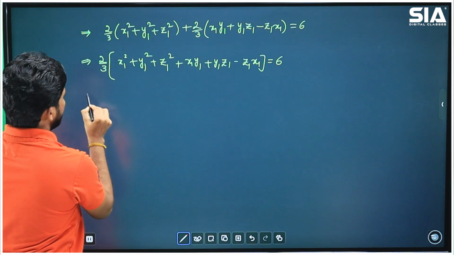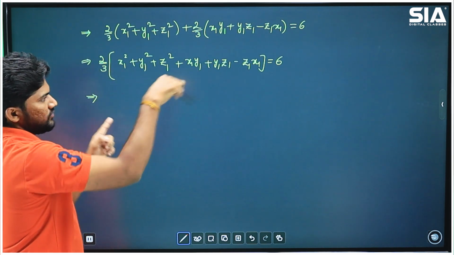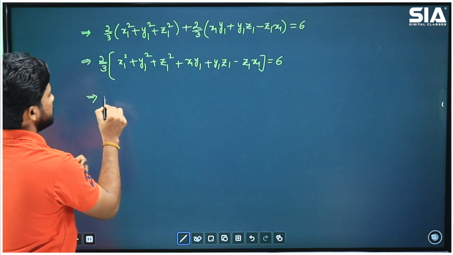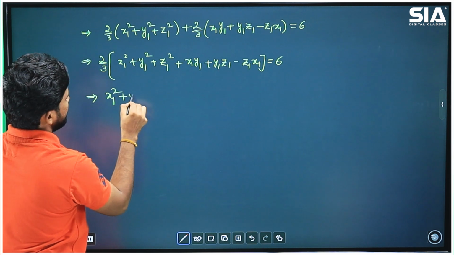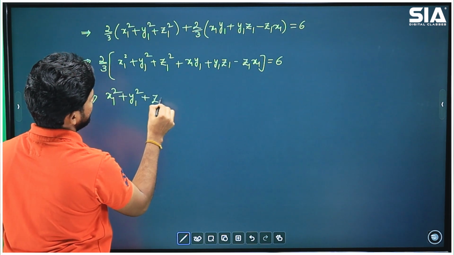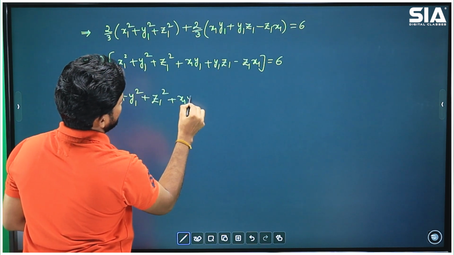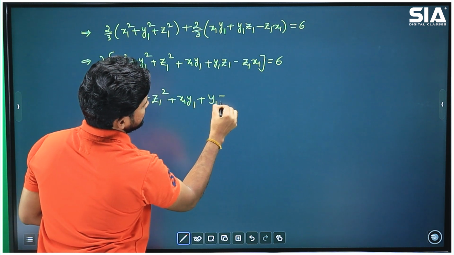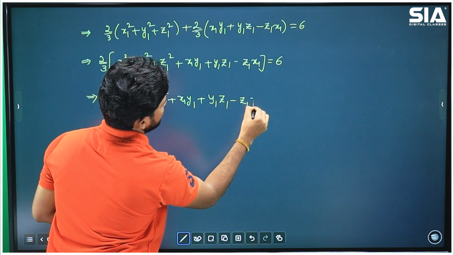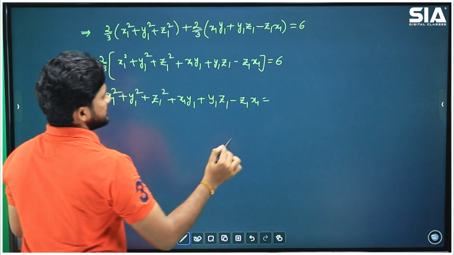Send this 2 by 3 to RHS, and it will become 3 by 2. So x1 squared plus y1 squared plus z1 squared plus x1 y1 plus y1 z1 minus z1 x1 is equal to 6 into 3 by 2.